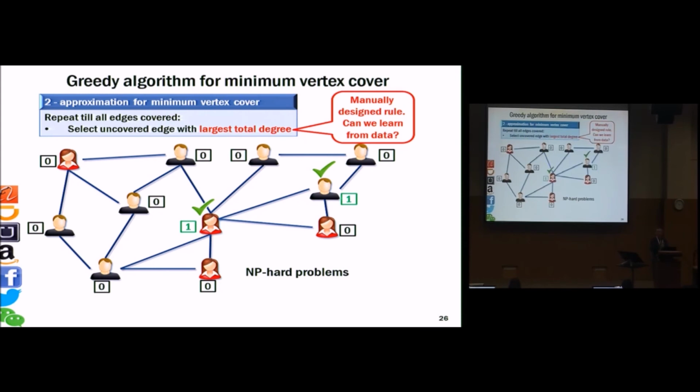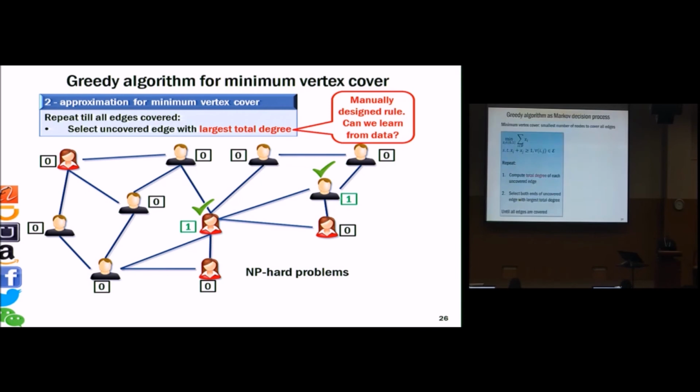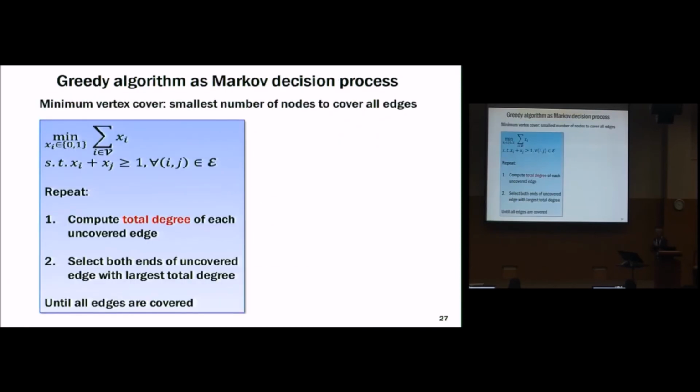So we can actually learn some heuristics to do better than this two-approximation algorithm. So essentially, you need a way to capture the topological information of a particular node in a network, hopefully summarizing it as some vector, such that you can define a scoring function for this node and use it to determine which node to pick. So that's exactly what we do with Structure2vec.